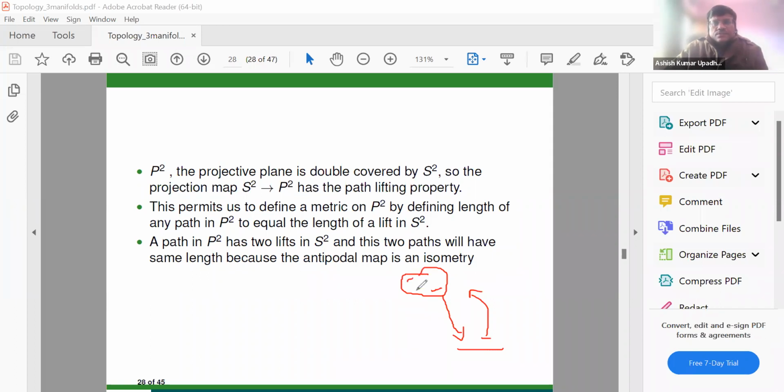I can measure the length in the sphere, and that I define as the length of the path in RP2. That is how we define the length.